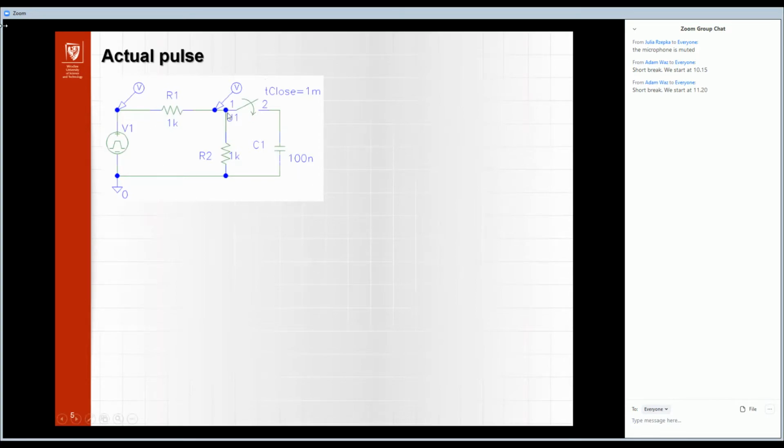Okay, and now I show you the results of very simple simulations. We have here the pulse source and two resistors, and after 1 millisecond I connect capacitors to this circuit. Okay, so without any storage elements like capacitors and inductors, we expect the ideal pulse as the response of our circuit. But with these elements, the response is not ideal.